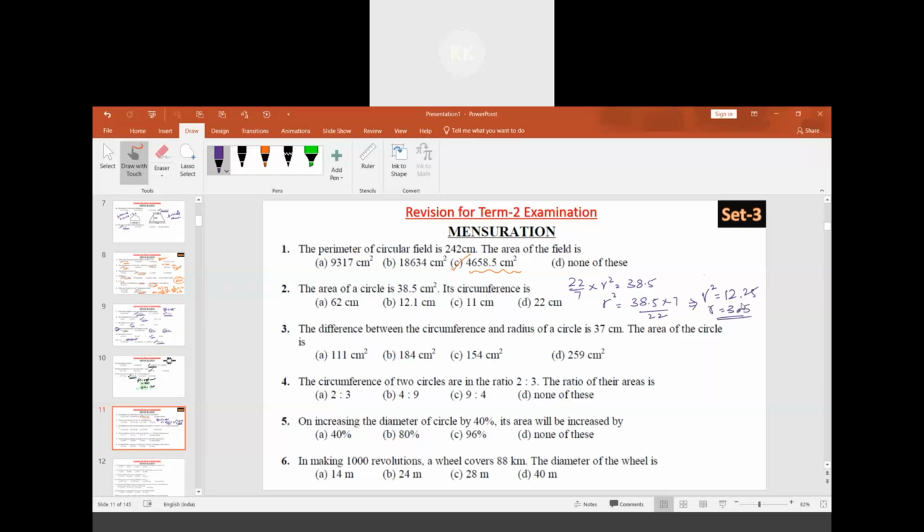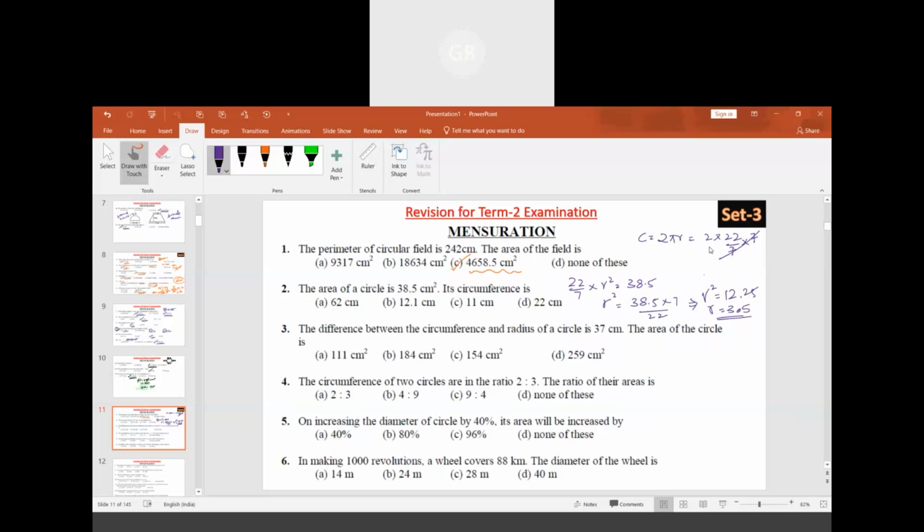Correct. Radius is 3.5. Circumference is given by 2 pi r. So 2 into 22 by 7 into 3.5. The 7s cancel, so 22 centimeter.